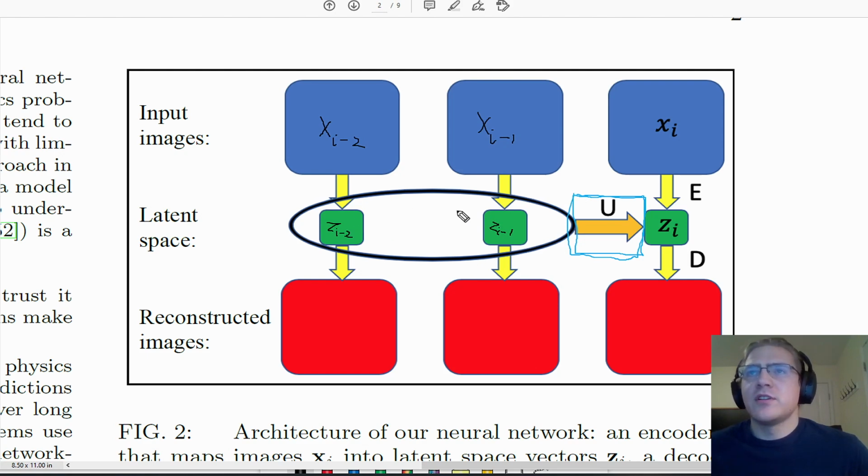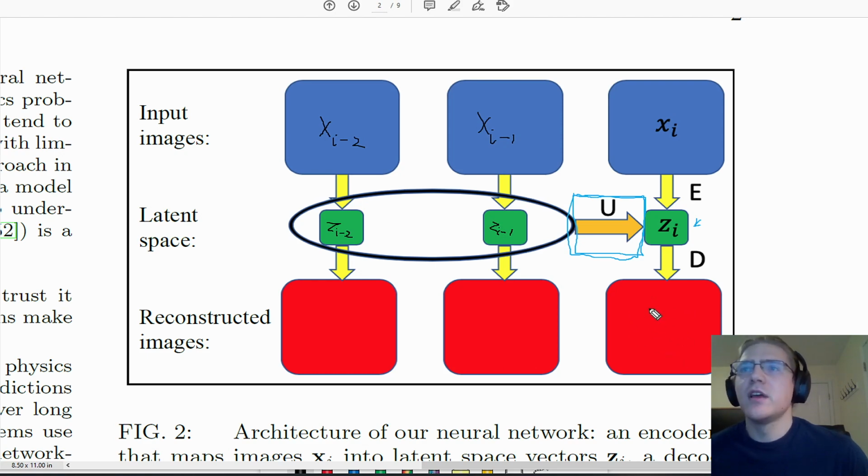With the position and velocity and forces, then you can calculate what the current latent vector should be. And then of course you send the thing through the decoder and you get the reconstructed image. What's important here is that when you're training this network, you're training it with a loss function that is not just the reconstruction loss.